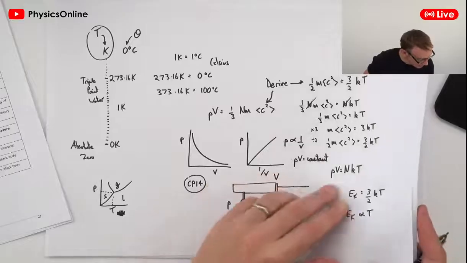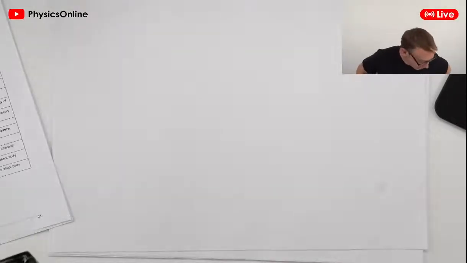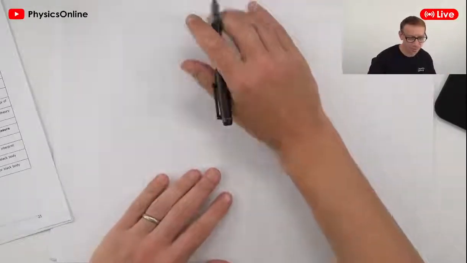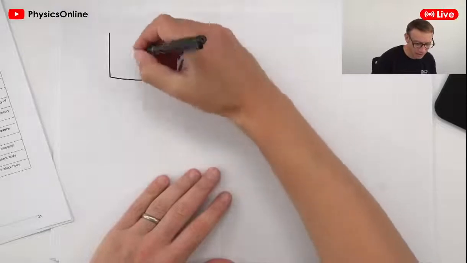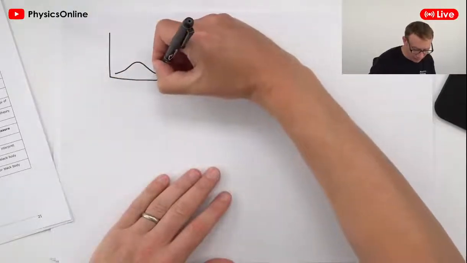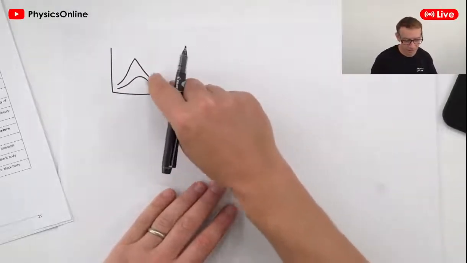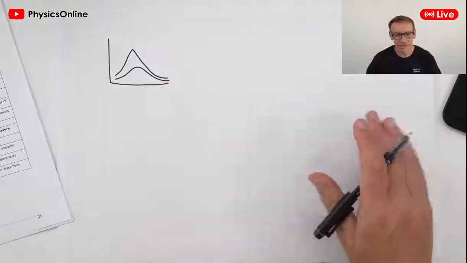Right, we then have something about black body radiation, and I think there's a couple of things here. So often when you've got black body radiation, what we have is a kind of graph that looks a bit like this. And as you go to hotter things, it's not the best graph, is it?